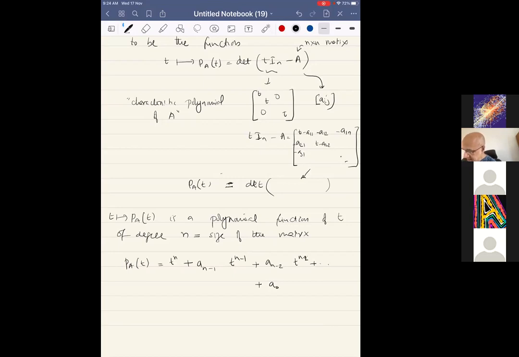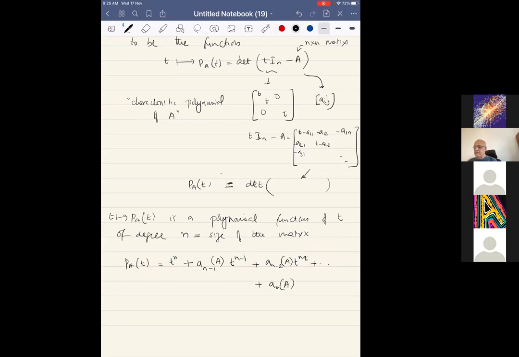And remember, the way p_A(t) is defined, it depends on A. So on the right-hand side, where could the dependence on A go? There is no dependence on A here or here, so the dependence on A is in the coefficients. The coefficients of this polynomial depend on A.